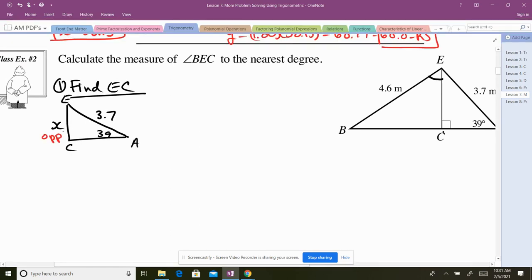So we know the opposite and the hypotenuse, which tells us we're going to use what trig function? Sine. Sine of 39 is equal to x over 3.7.